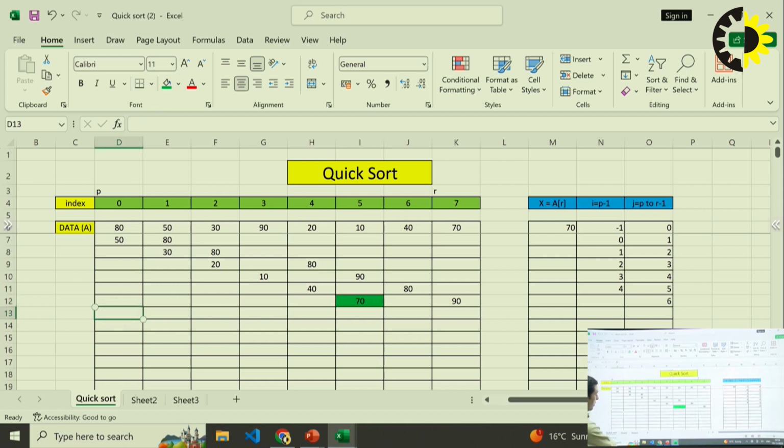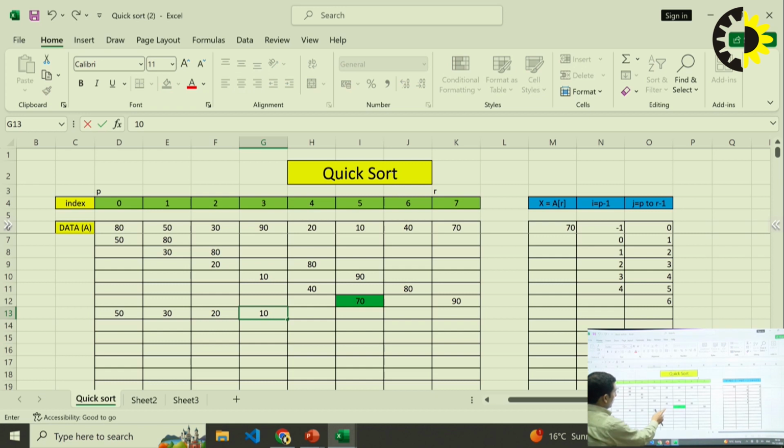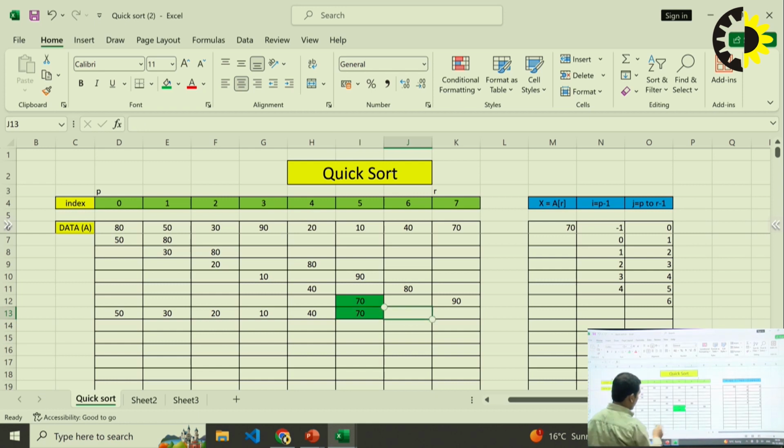In this part the elements are: this is 50, this is 30, this is 20, this is 10, this is 40, this is 70, this is 80, and this is 90.